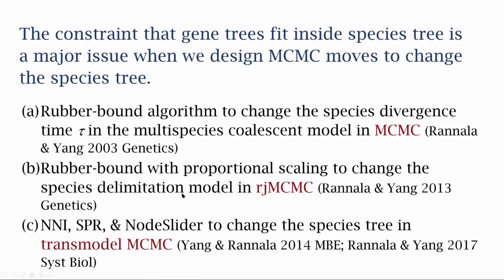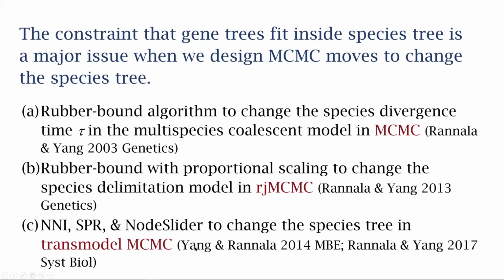When we move between different species trees, the problem is much harder. This change for tau is like an update of a parameter in the model, which is simpler than MCMC algorithms which move from one model to another. Different species trees are clearly different statistical models.